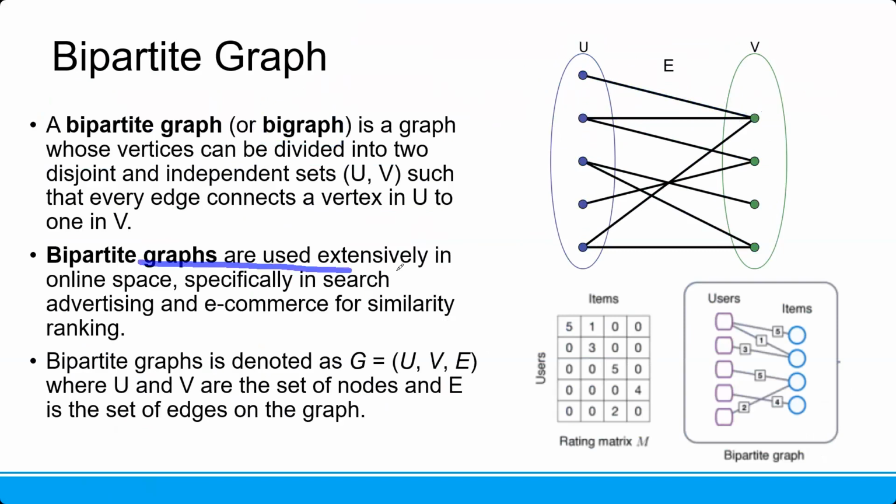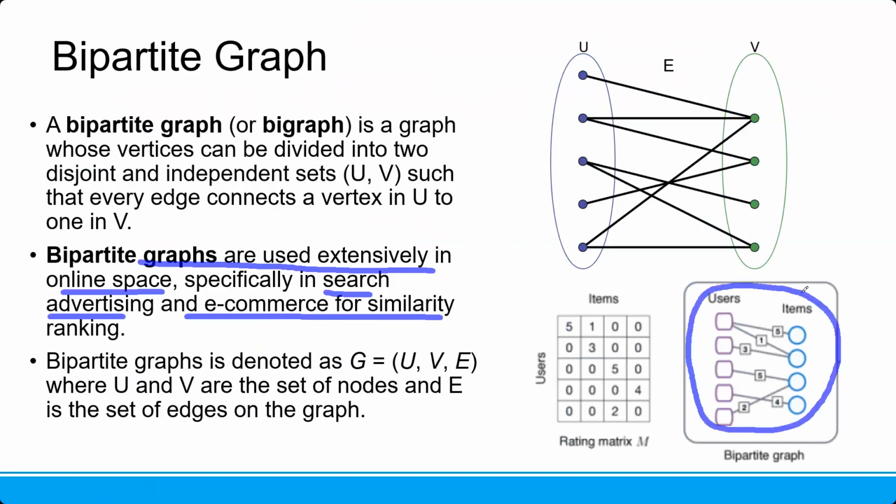Bipartite graphs are used extensively in online space. Usually, we use this for search advertising or e-commerce for similarity ranking, for example, data for a recommendation system. Then U would be users. Who are the users? This is customer 1, customer 2, customer 3, customer 4, customer 5.